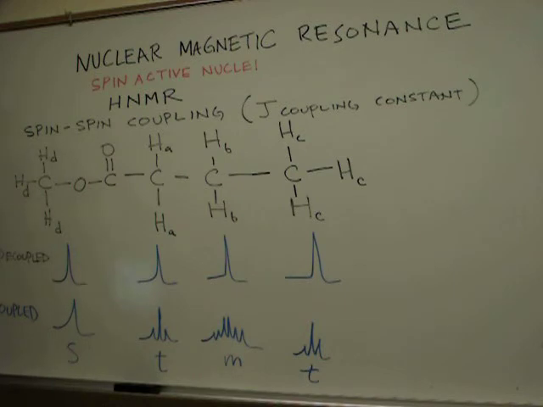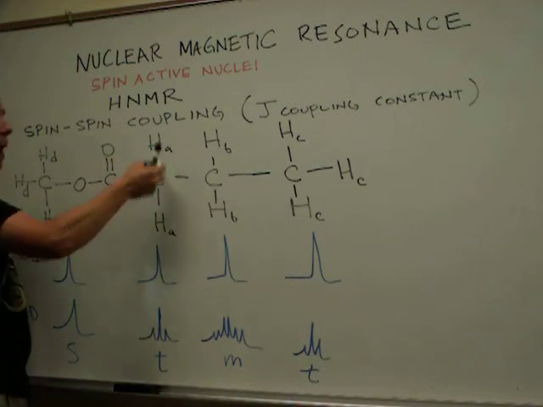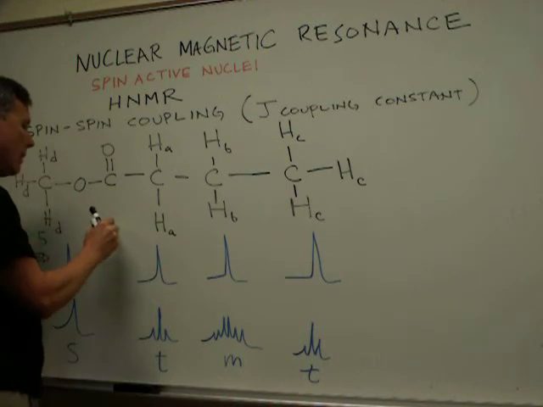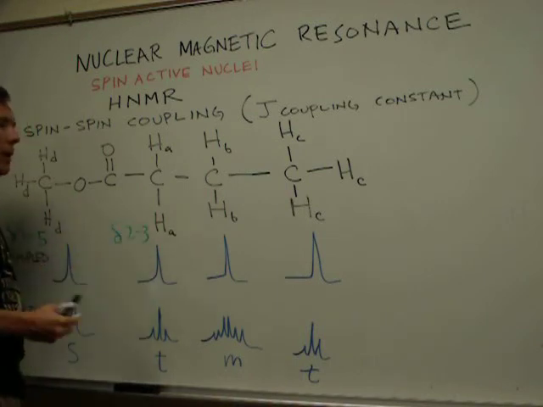Electron withdrawing groups would cause the greatest downfield shift, so we would predict that these protons would resonate between 3 and 5. These protons on C, alpha protons to a carbonyl, would resonate between 2 and 3.